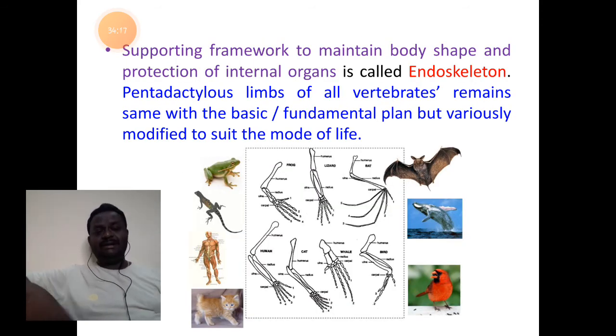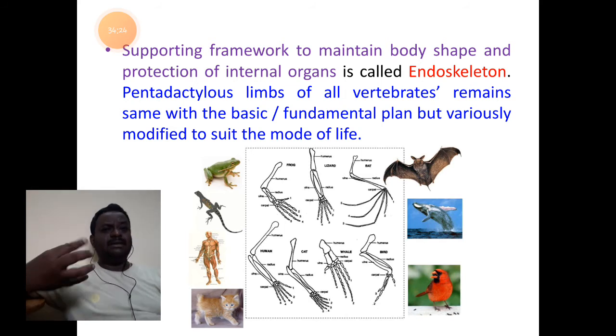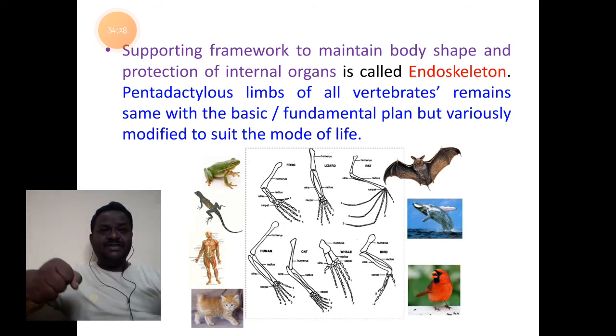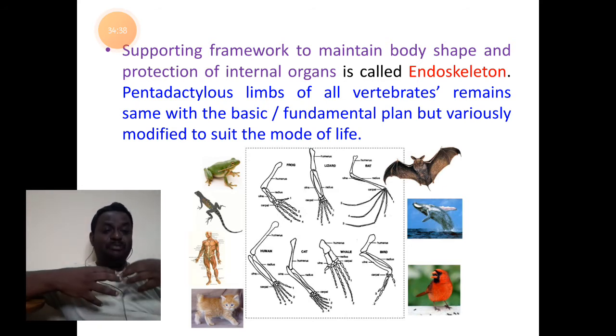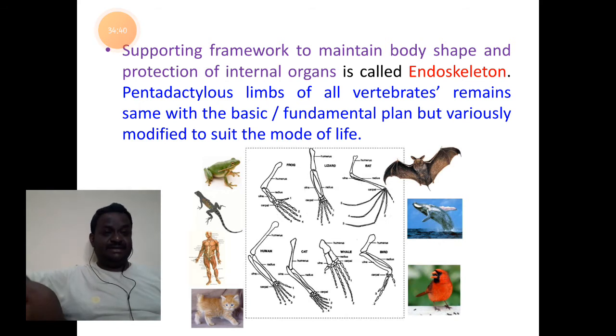When we look at the bones, they act as the endoskeleton. They are structures present inside the body, but they give a hard frame structure for protection of the organs. So, what is the endoskeleton? A supporting framework to maintain the body shape and protect internal organs.